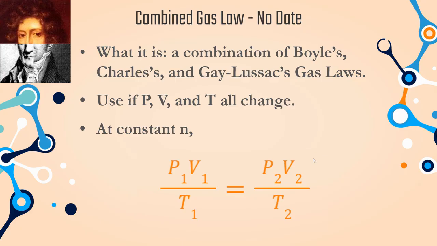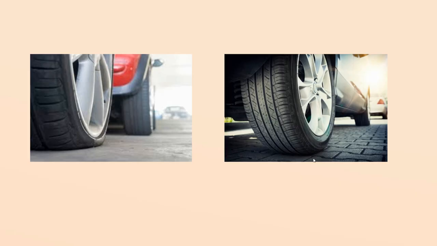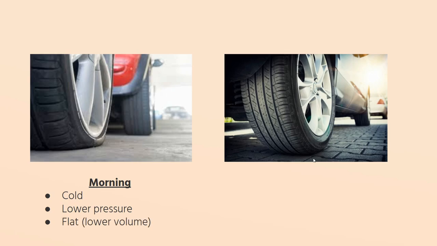One situation you might see in real life where this might happen is tires. Let's say you have a very cold morning, so your tires are cold, it's a low temperature. They have a lower pressure than what's normal, and they're a little bit flat, so they have a slightly lower volume than normal.